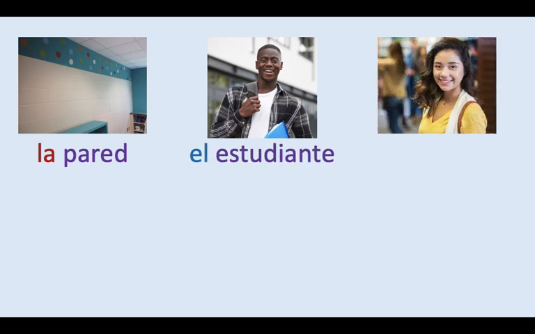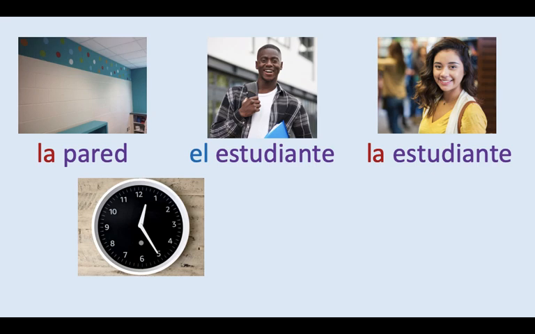So, ¿cómo se dice the wall? Repita, la pared. The student who's male. Repita, el estudiante. The female student. Repita, la estudiante. ¿Cómo se dice the clock?